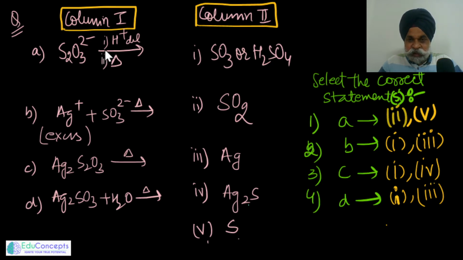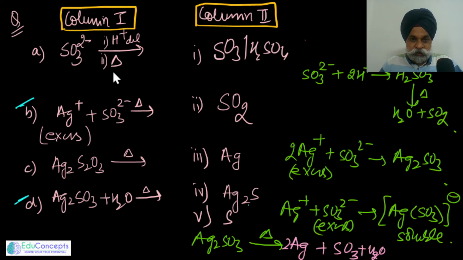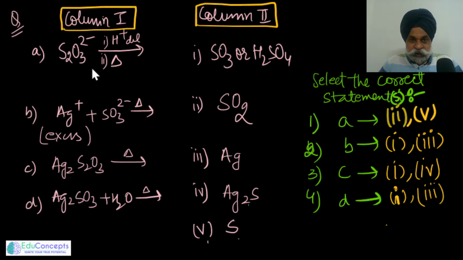So in the first case, when you talk of option A, thiosulfate ion is being heated with H positive. I picked the wrong slide here. So this is the right slide.